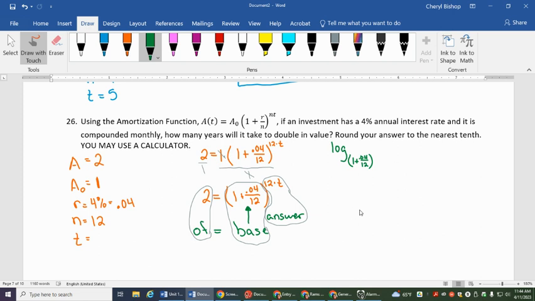It's a weird base. That's okay. What's my of? 2. That's not an exponent, right? Because this is a base. It's log of 2 with this weird base, equals the answer. What's the answer? 12 times T.